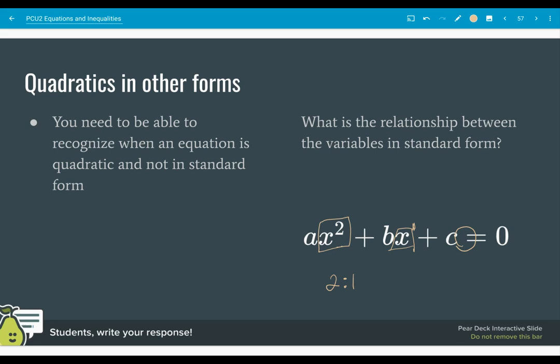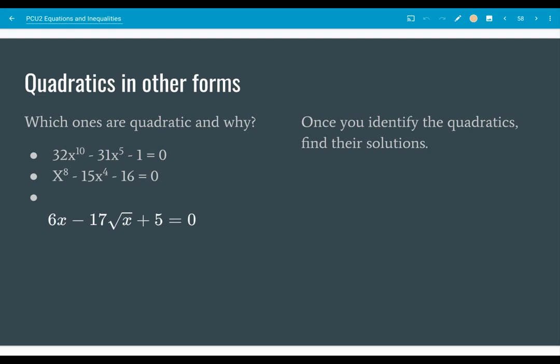So for something to be quadratic, it has to have a 2 to 1 ratio between its variable exponents. Let's see what that would look like.